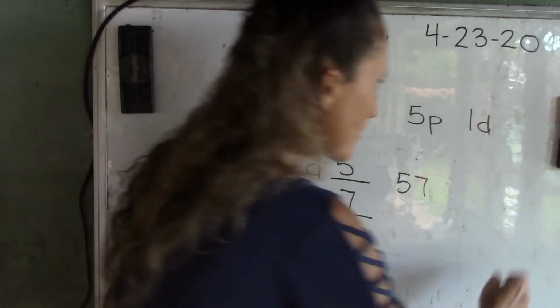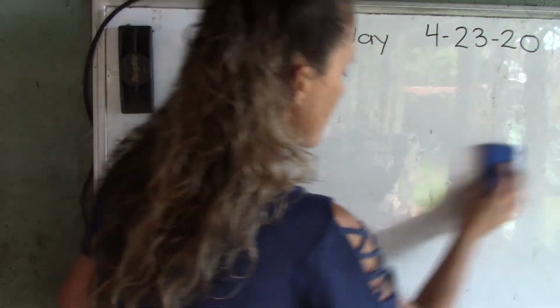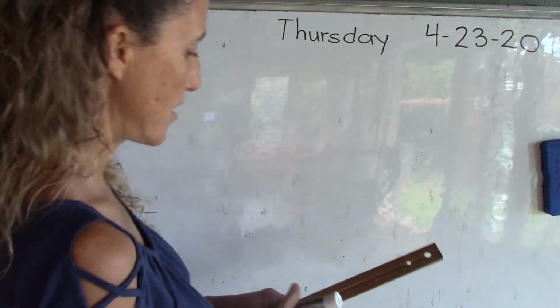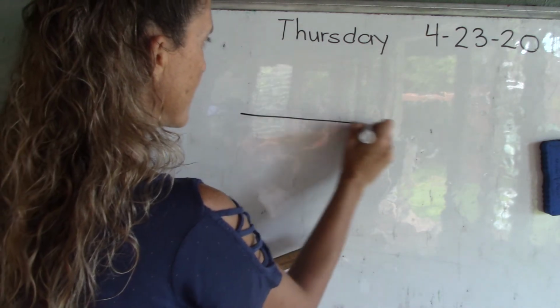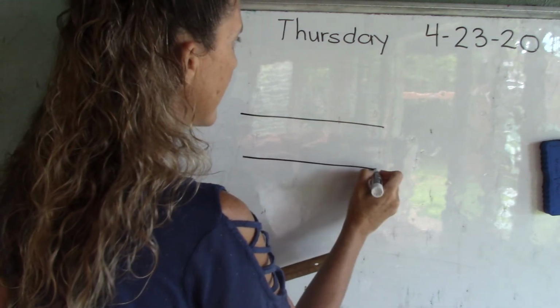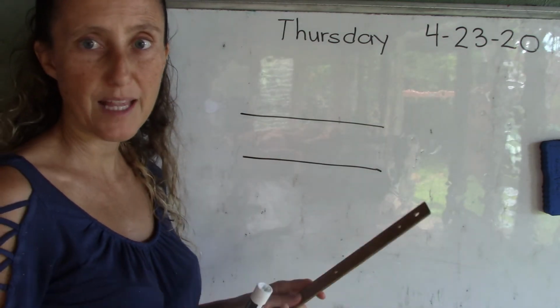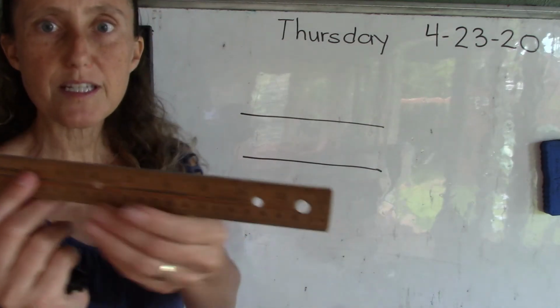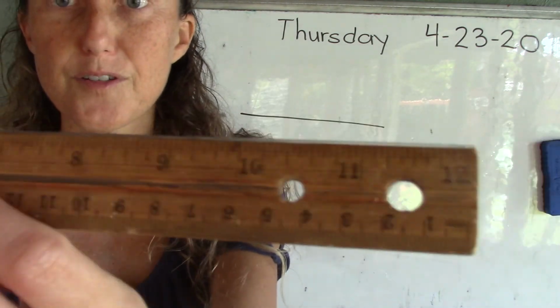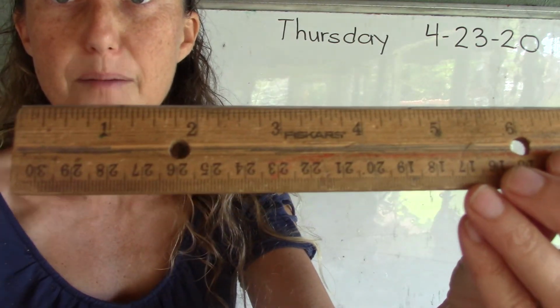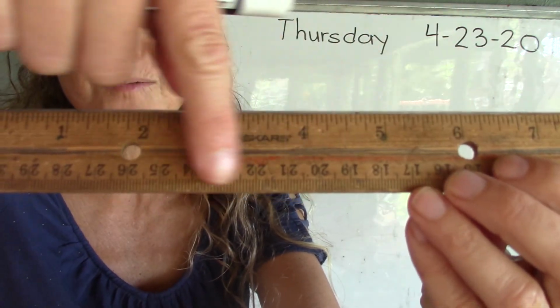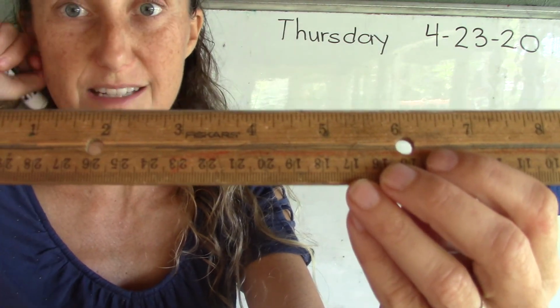Okay, you're also, first graders, you're also going to measure. And I think they're going to give you the same line, the same length line. But remember we talked about on our ruler, I hope you have rulers at home, that the top part up here, with the bigger numbers, is the inches side.